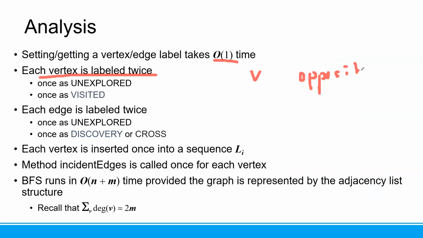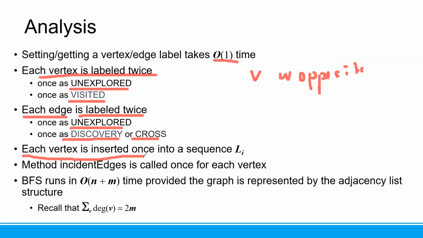The opposite of V is W. So the first label is unexplored, and the second is visited. And the edge will also be labeled twice. The first is unexplored, and the other is either discovery or cross.